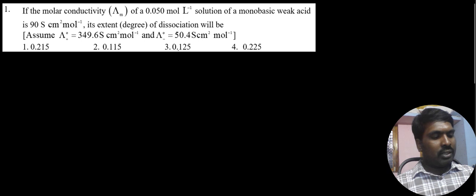First question: if the molar conductivity of a 0.05 molar solution of a monobasic weak acid is 97 centimeter square mole inverse, its extent of dissociation will be.